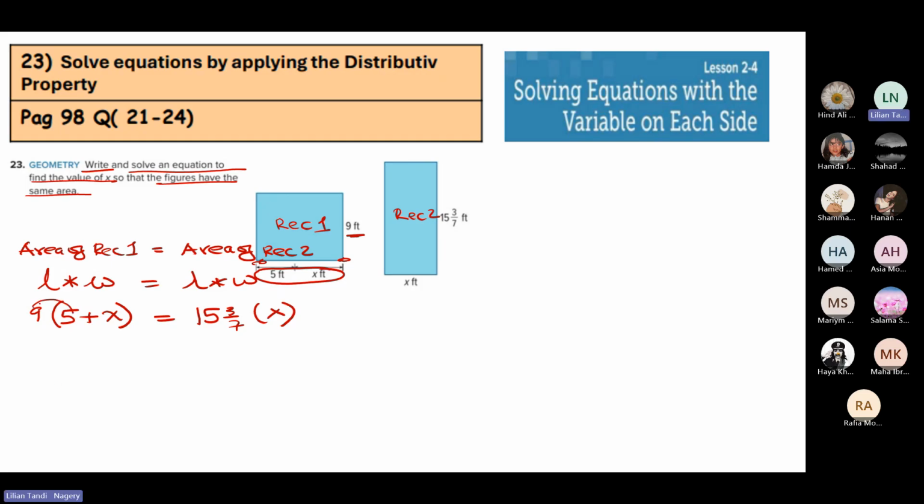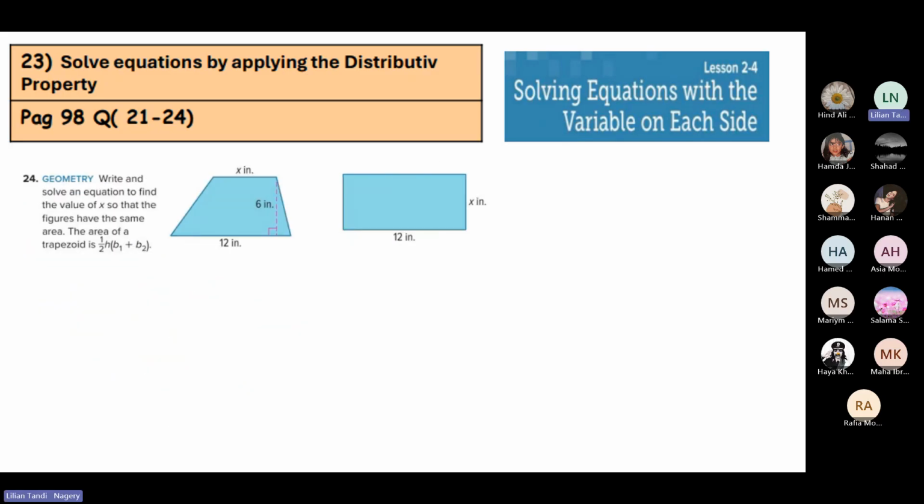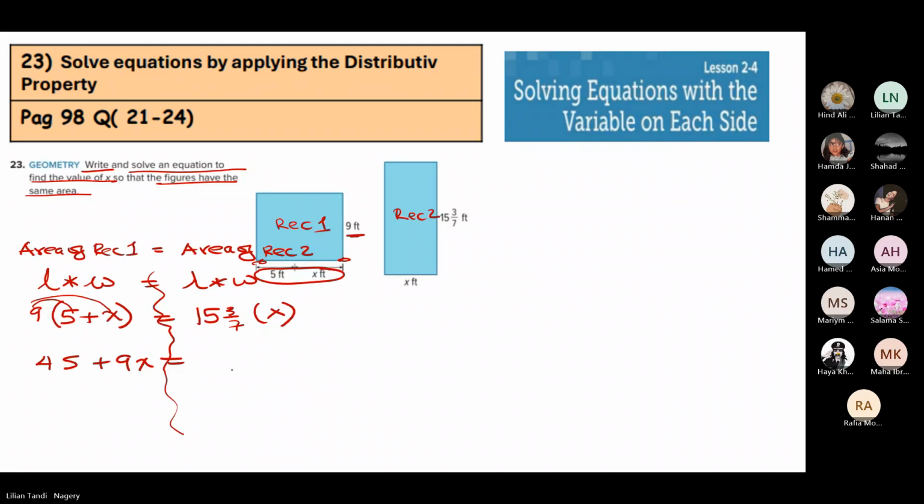So I will do the distributive property here and I will remember my bridge. So this is 45 plus 9x. Now, when I multiply this, I should get 108 over 7x.